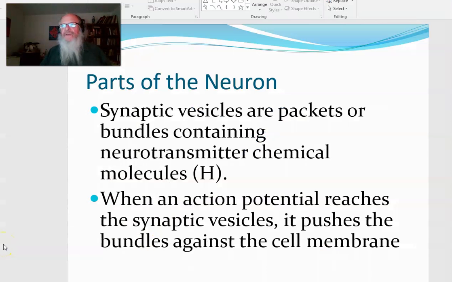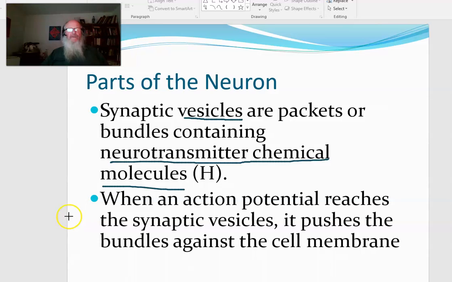And depending on the illustration that we're looking at, those red dots, yellow dots, or black triangles are representing the fact that the vessels contain neurotransmitter chemical molecules. So on the handout, those are labeled H as the black triangles.